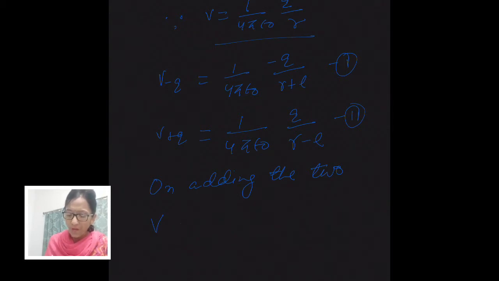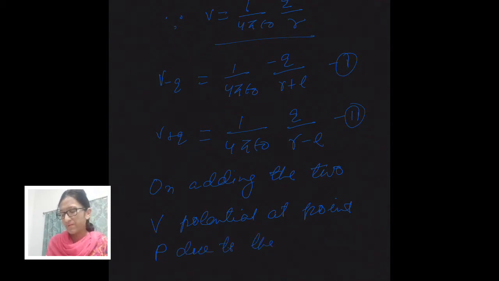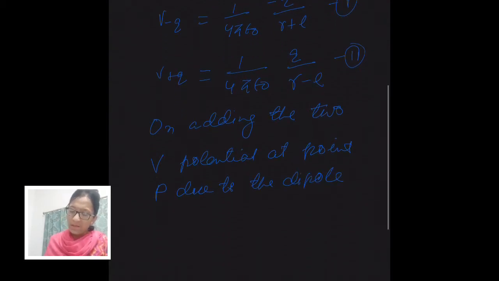the potential V at point P due to the dipole can be given as V is equal to V minus q plus V plus q, the algebraic sum.